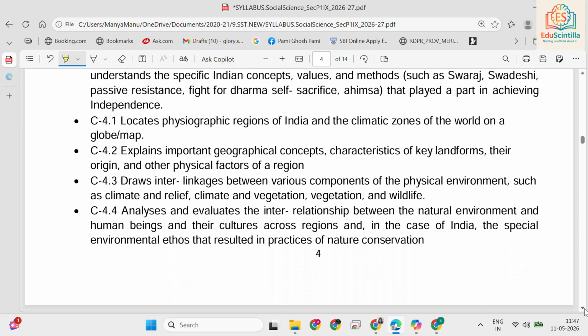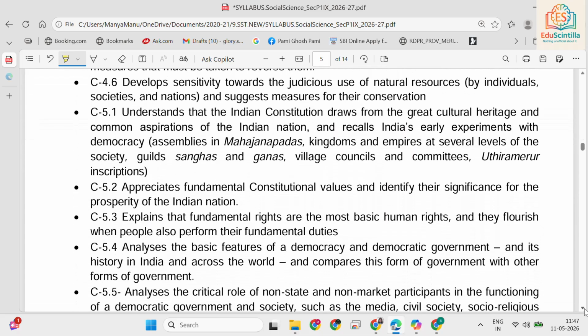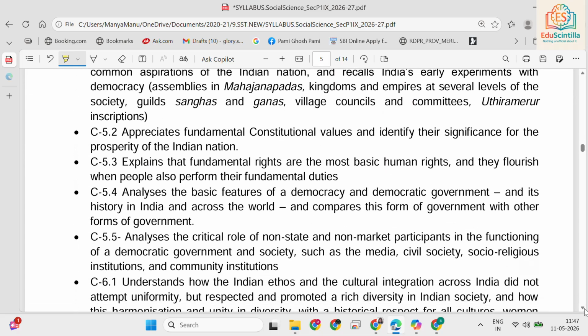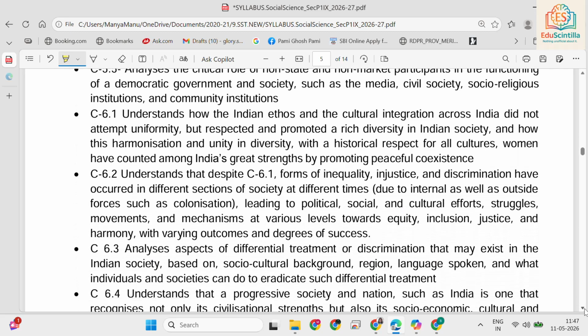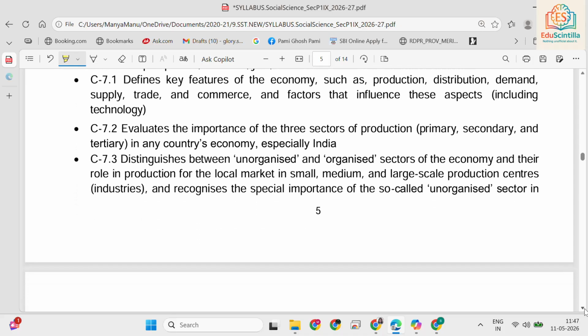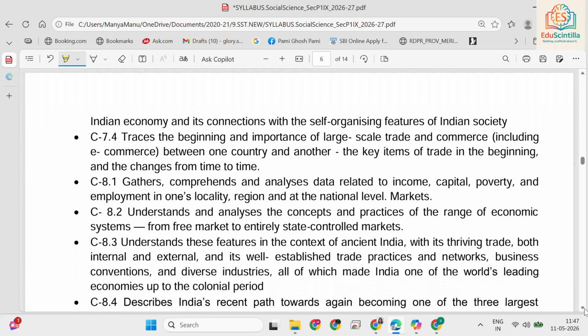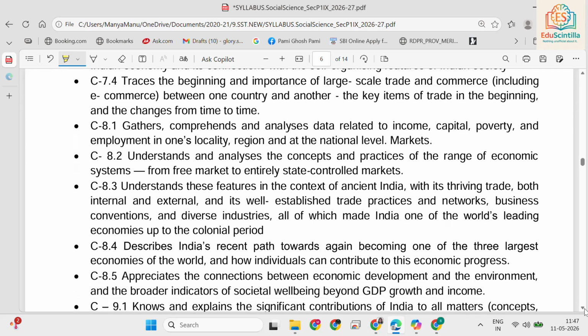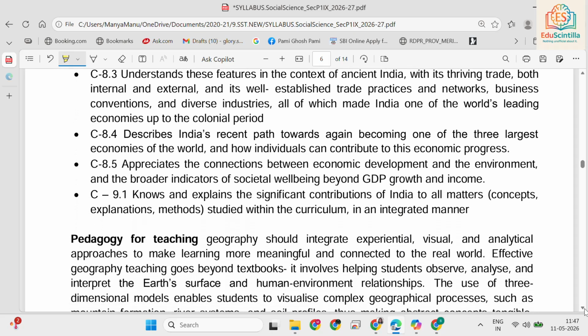Competencies are the steps and skills that help students reach the destination. So, curriculum goals are the big picture aims, the vision of what social science education wants to achieve. Competencies are the practical skills and abilities students must master to reach these goals. In short, goals are the destinations and competencies are the milestones along the way.